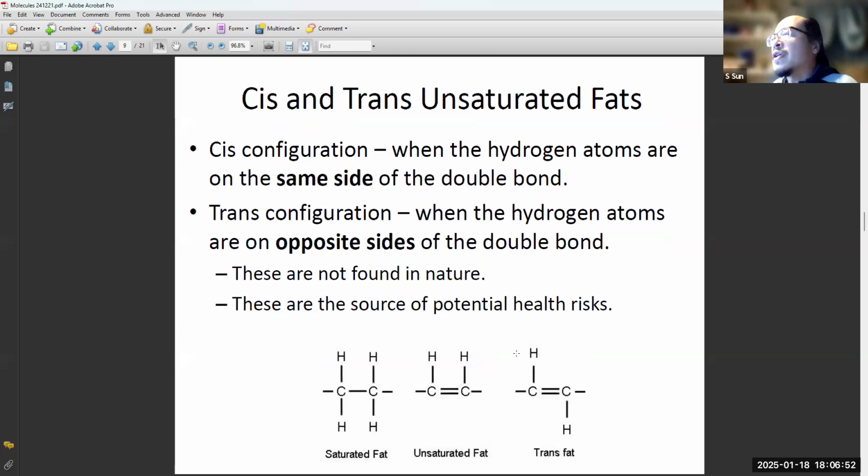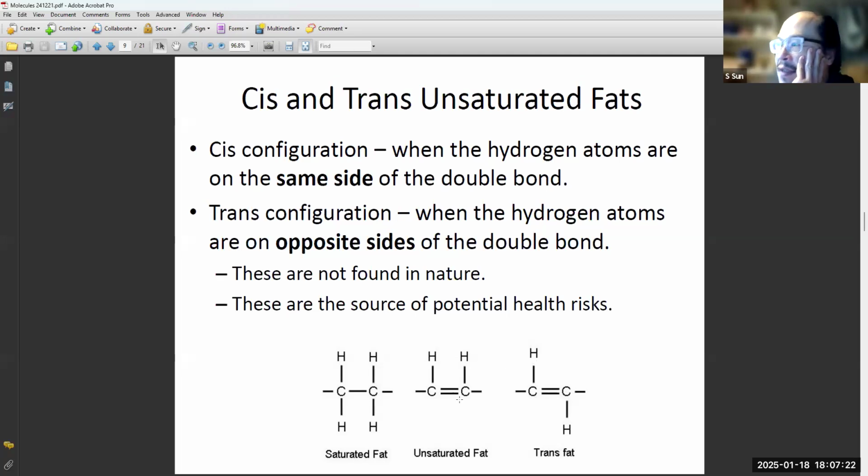Another form concerns the double bond. We can have a cis configuration, where the two hydrogens are located on the same side. We can also have trans, meaning the two hydrogens are in opposite directions.